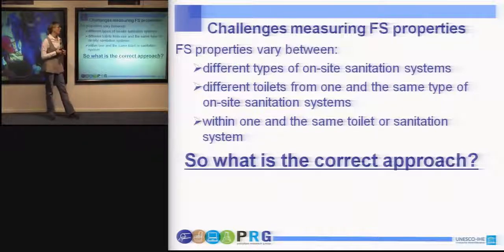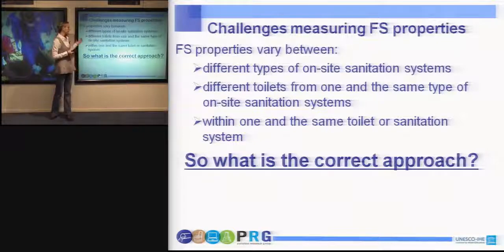What are then the challenges when we measure such fecal sludge properties? We mentioned already that the fecal sludge is highly heterogeneous and varies between different conditions or different sanitation facilities. So if we take sludge coming from different on-site sanitation facilities, the properties may vary highly.